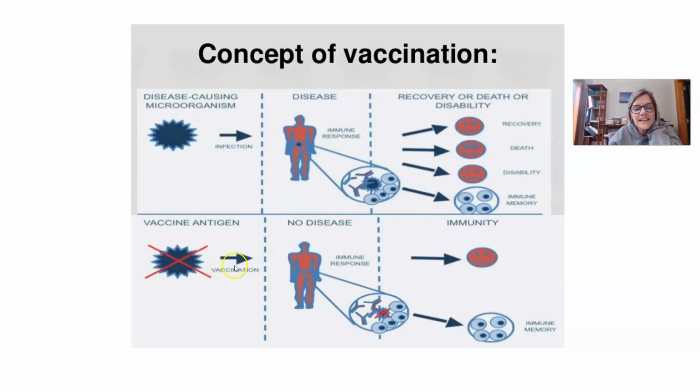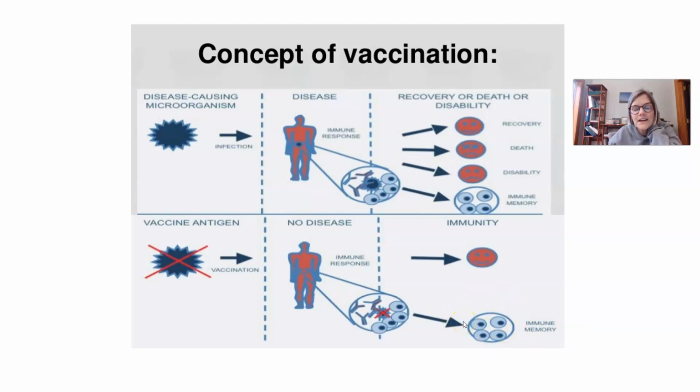The vaccine is also going to give that person an immune response, but they're not going to die or be disabled. They're going to be fine. They're going to get vaccinated. They're not going to get the illness. But they have the benefit of that primary immune response because the vaccine caused them to make these memory cells.